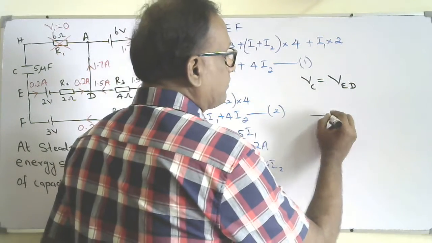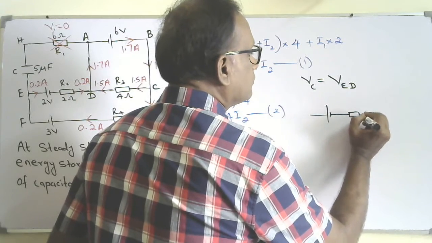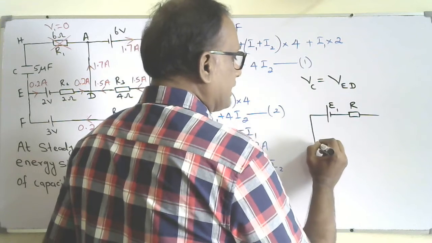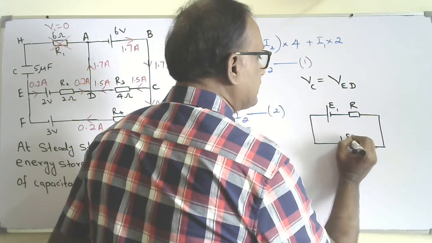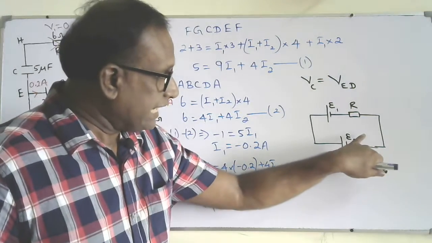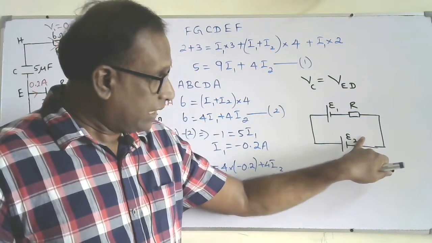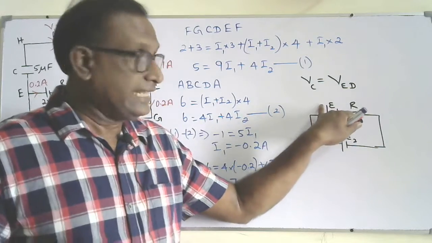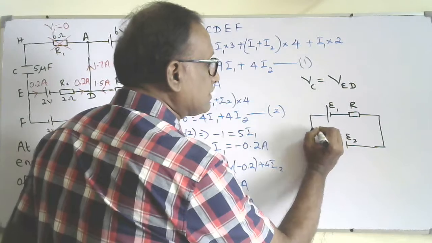Imagine a circuit like this, where there's a resistor R, this EMF E1, and another cell connected, which has EMF E2. We'll consider that one. If the EMF E2 is greater than E1, then we know the current will flow in this direction.